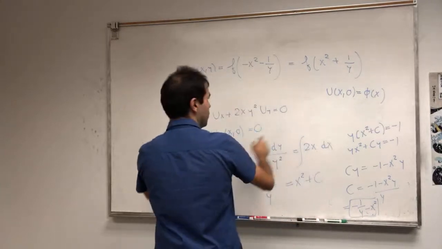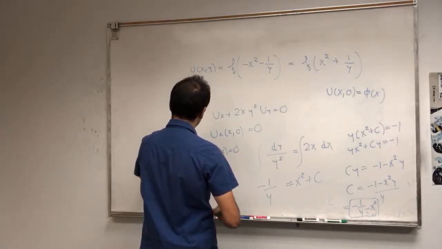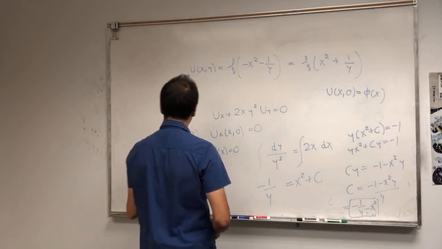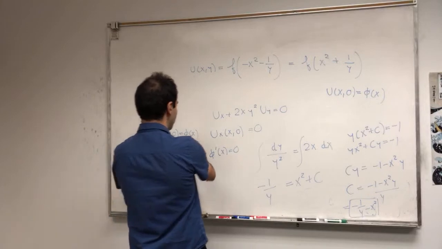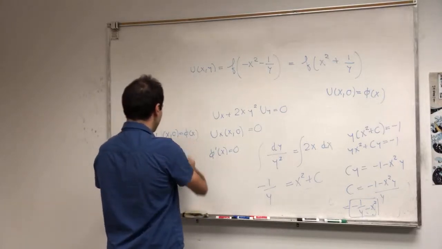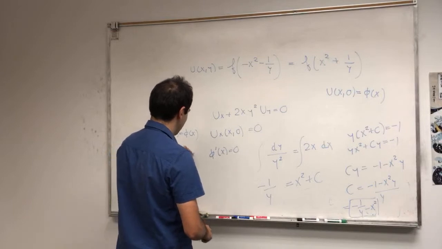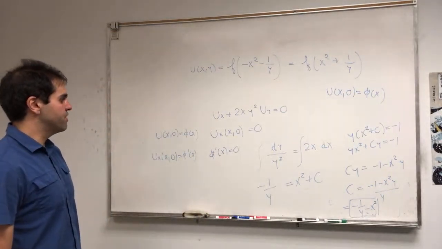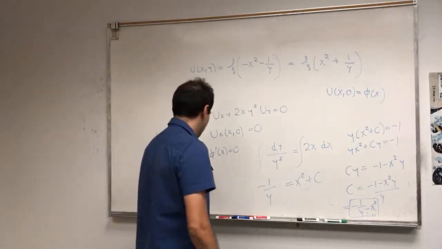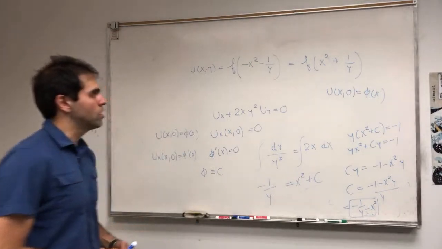So if u x0 equals phi of x, then the derivative, it's a function purely of x and a function purely of x. So if you differentiate this, you get phi prime of x. So technically what this means is that phi is a constant, which is not necessarily true.